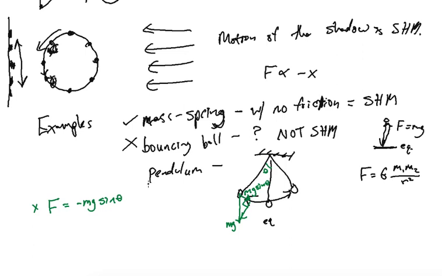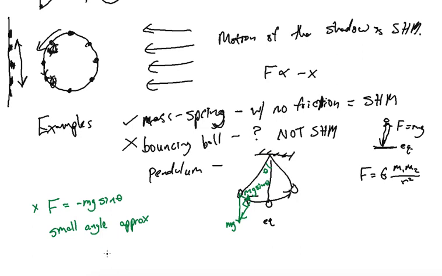The reason it looks very much like it is because we can do something called a small angle approximation. You can try this. Put your calculator into radians and do the sine of something like 0.01, and you'll get an answer that's almost 0.01.